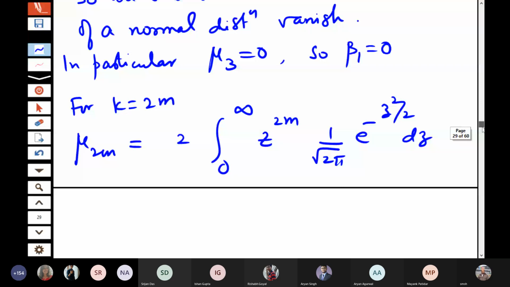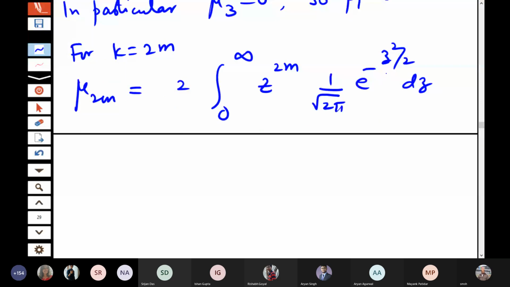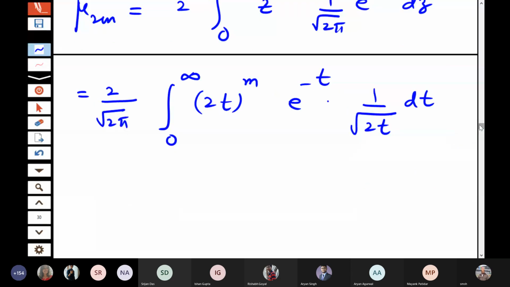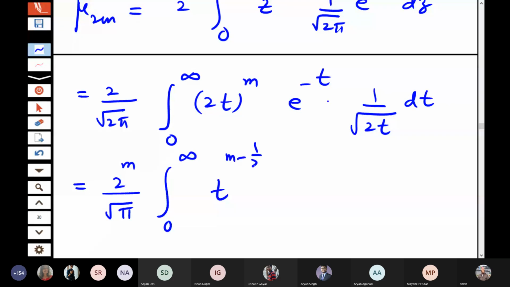So if we look at that substitution that I did, z square by 2 is equal to t, then this is 2 by root 2 pi, integral 0 to infinity of 2t to the power m, e to the power minus t, 1 by root 2t dt. So that is nothing but 2 to the power m divided by root pi, integral 0 to infinity of t to the power m minus 1 by 2, e to the power minus t dt.